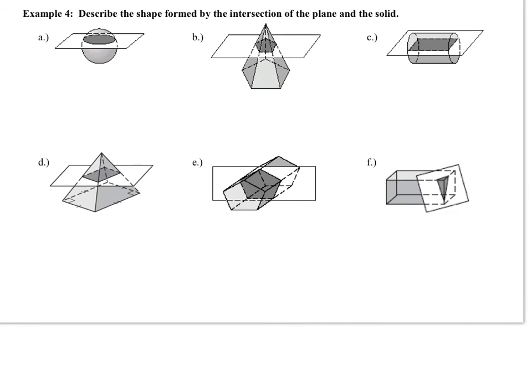Example 4. Describe the shape formed by the intersection of the plane and the solid. So this is just a circle here. This would be the cross section. So we call this a circle. And this would be a pentagon. This would be a rectangle.